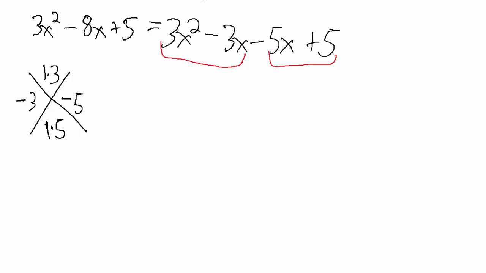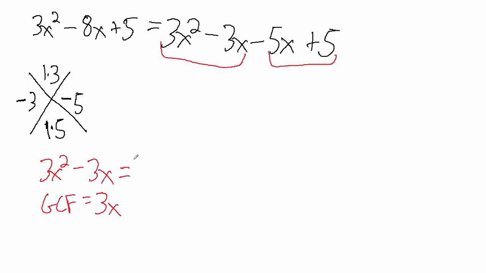If we come off to the side over here, 3x squared minus 3x. What's the greatest common factor here? Well, 3 and 3, so the greatest common factor there is just 3. X squared and x, the greatest common factor for the variable parts is just x. So the greatest common factor for this whole mini expression is 3x.